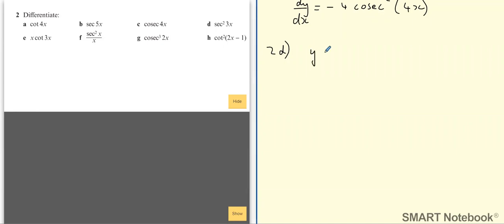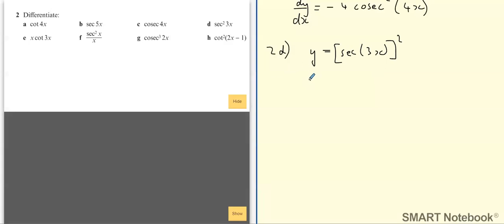So I'm going to write y equals sec 3x to the power of 2. Because it has a power, it's very important I write it in index form like this. Did you do that? Please let me know in the chat.